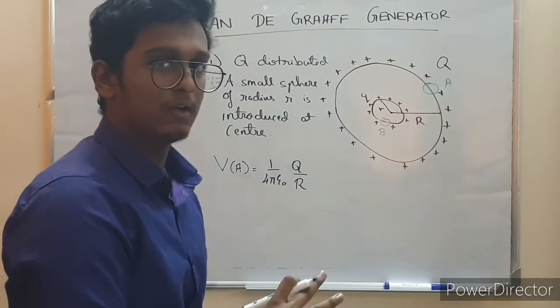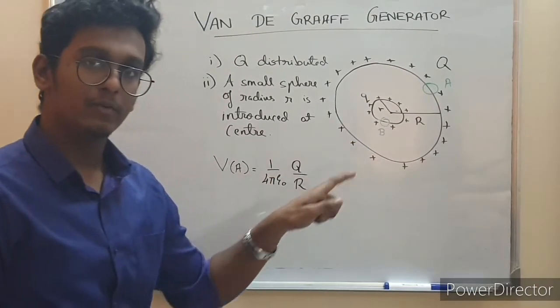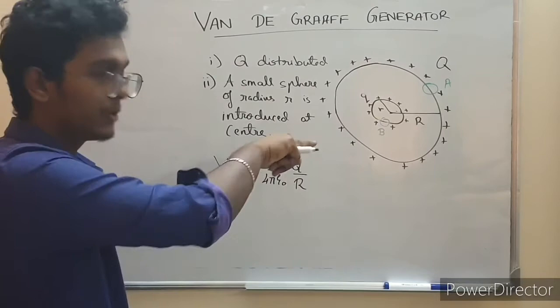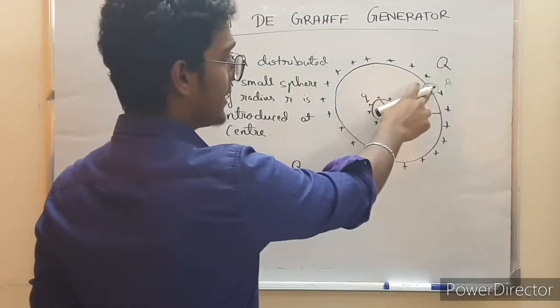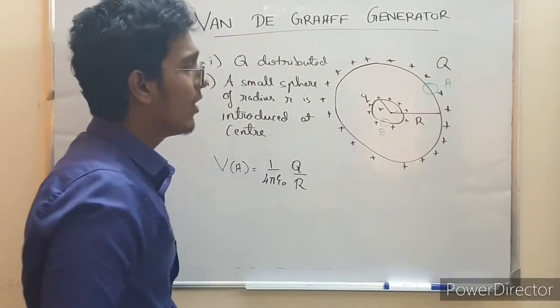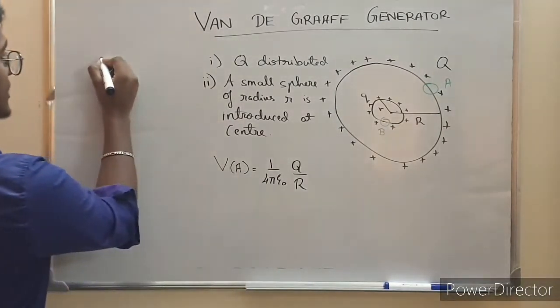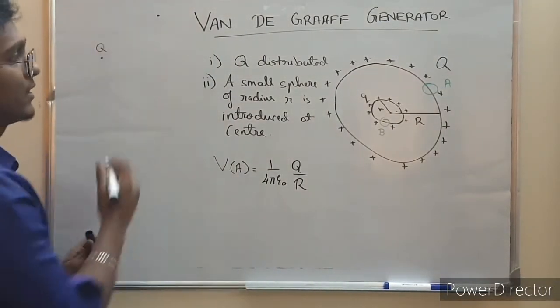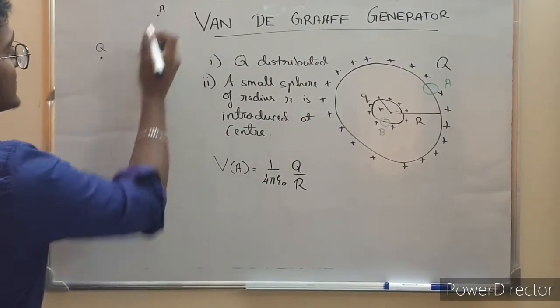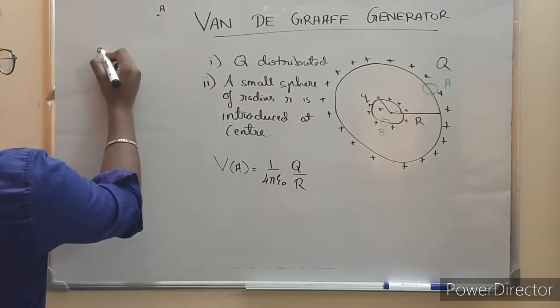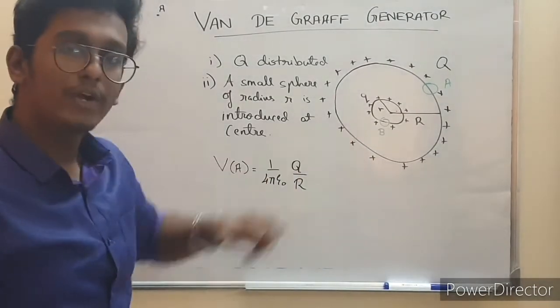This was if it was alone, but now we have a smaller sphere in between, so A is also going to experience a potential due to it. Since point A is outside the small sphere, we can consider it as if it were a point charge.